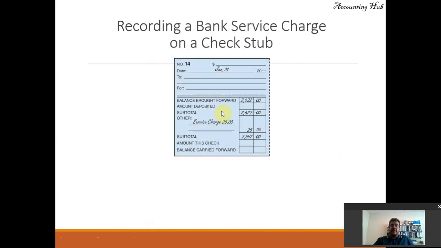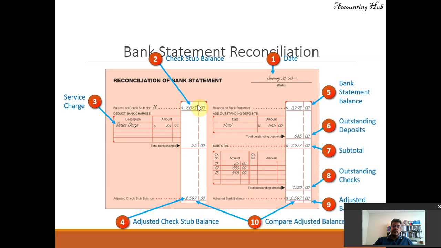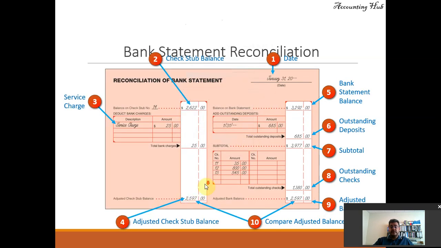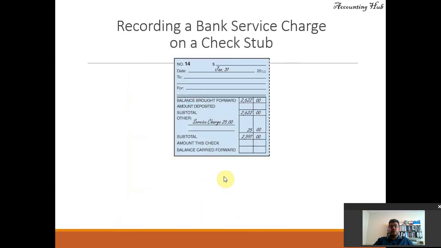So recording a bank service charge on a check stub here, we will move from $2,622, this one, to the $2,597 here. How do we record it?